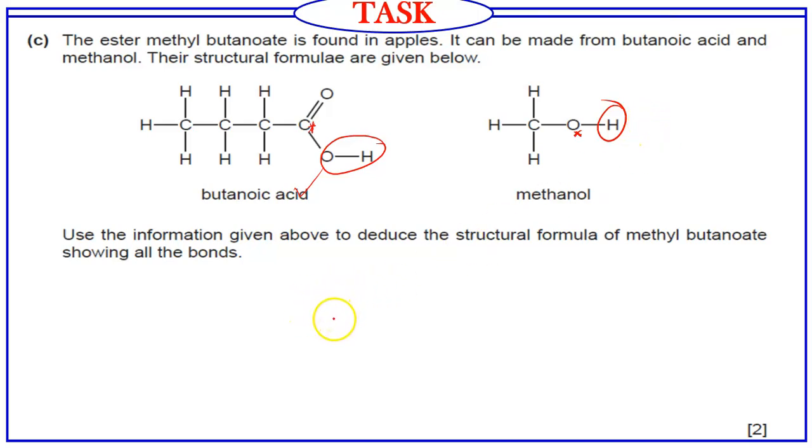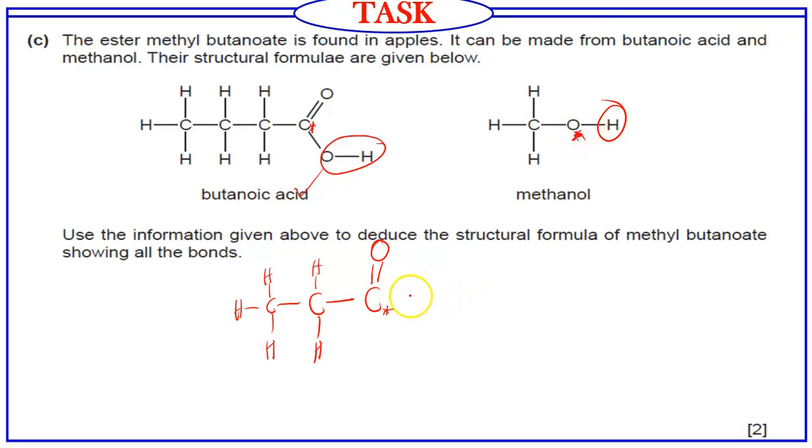Remember, alcohols are drawn last, carboxylic acids are drawn first. So we draw the carboxylic acid group first: C, H, H, H, H, then C, O, available for bonding. Remember this is where the bonding will happen.